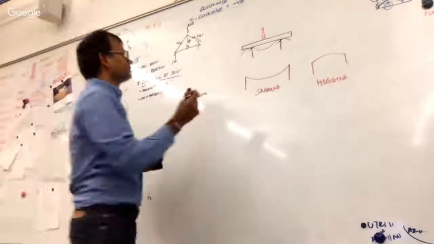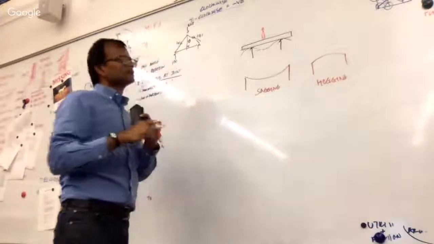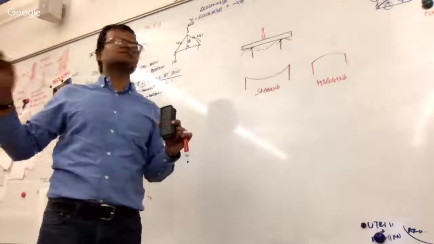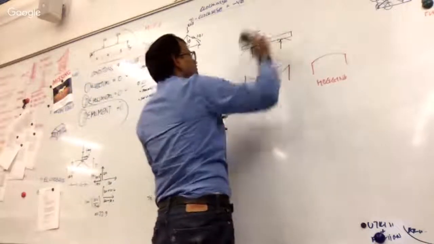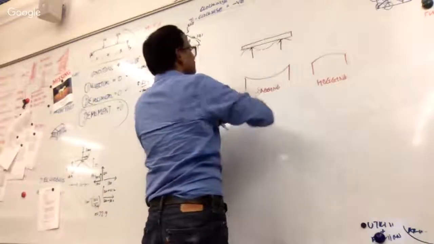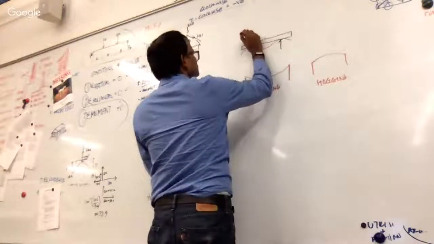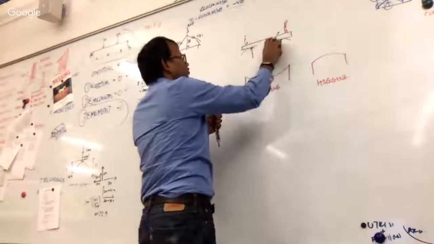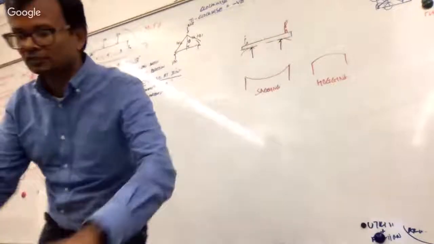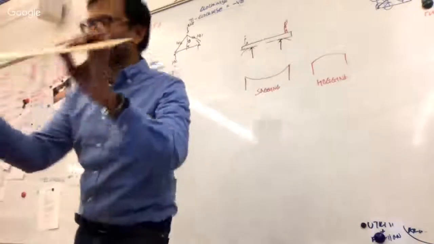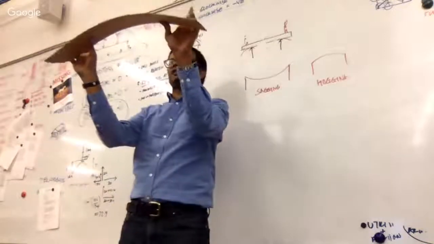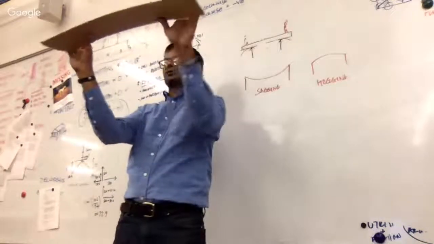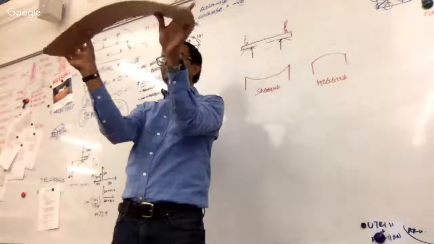Now, for example, say I took this guy out and I loaded him up on both ends, and there's absolutely no load here. In other words, you've got this beam that's being pushed down at both ends. What happens to the center span of the beam?